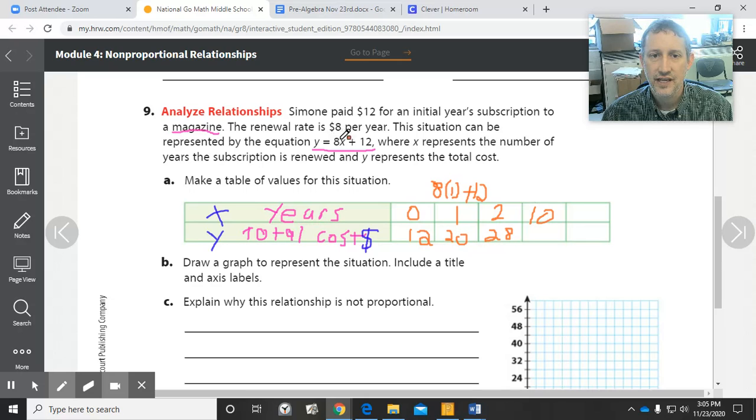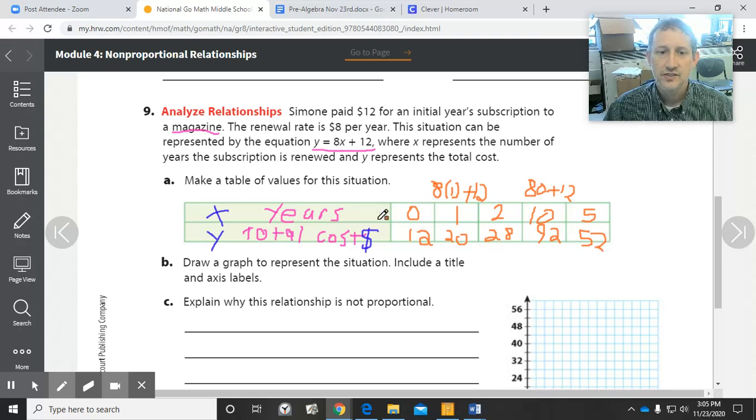After 10 years, that's 8 times 10, which is 80, plus that initial subscription. That'd be great if it was only $10 the rest of the time. That gives you 92. That's kind of off the graph. So instead I'm going to put 5 here, and that's going to be 52.